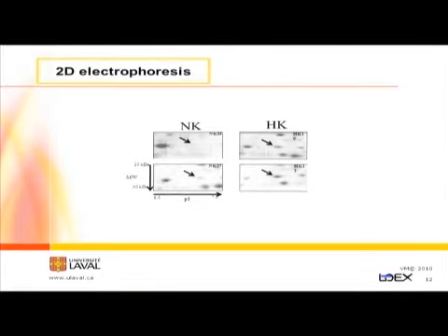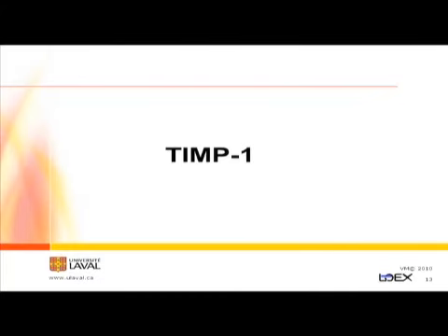We used two-dimensional electrophoresis on the culture supernatant of keratinocytes, and we detected that keratinocytes isolated from hypertrophic scar produce very constant and very important spots that are never or weakly present with normal keratinocyte supernatants.